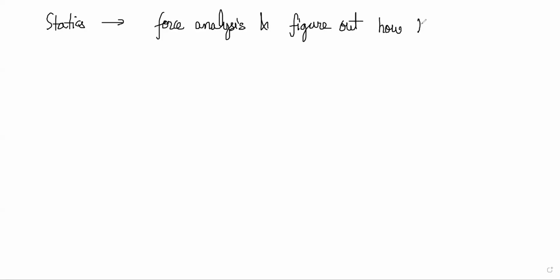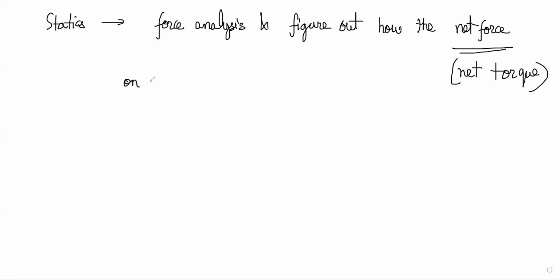So for statics, you have to do a force analysis and figure out how the net force on the object, and sometimes you will also see net torque, on an object is zero.